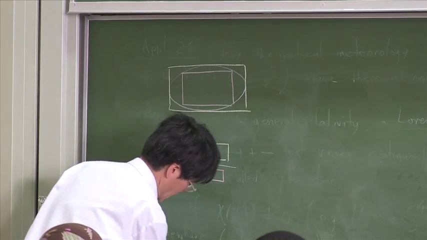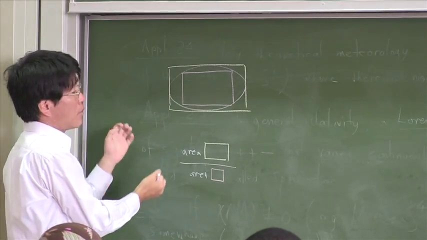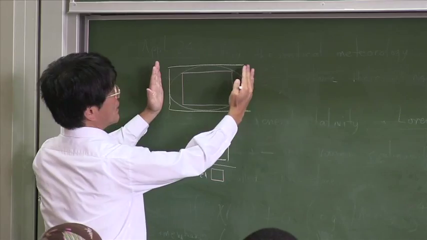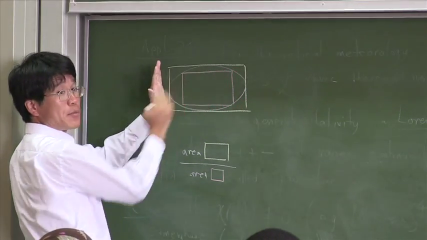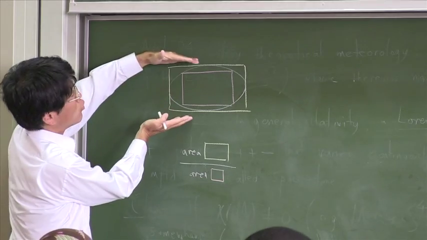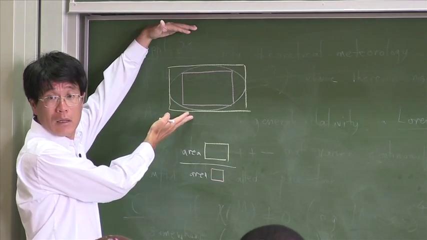This side is A, this side is B. But let's squeeze this side until this side also becomes B. Or equivalently, let's stretch this side so that this side also becomes A, okay?